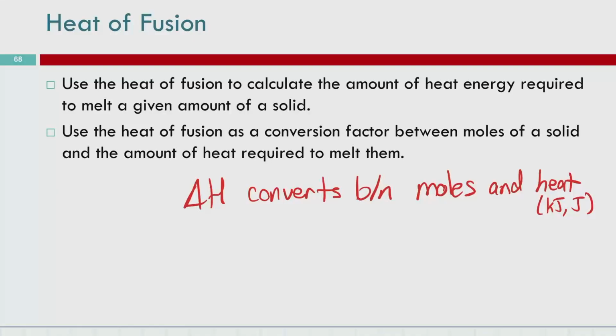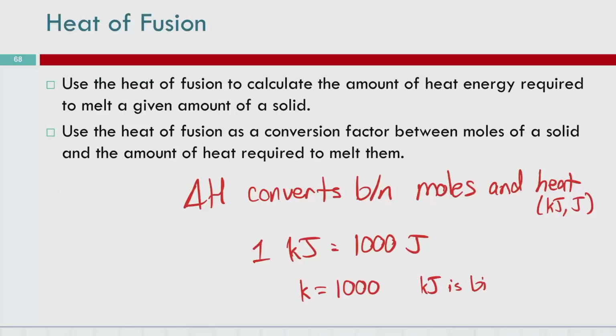Which unit is bigger, kilojoule or joule? Kilojoule. One kilojoule is 1,000 joules because the kilo prefix means 1,000. Kilojoule is bigger.